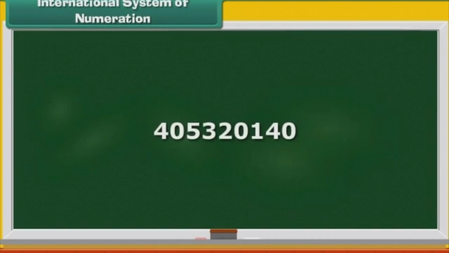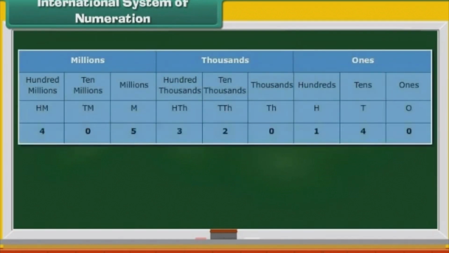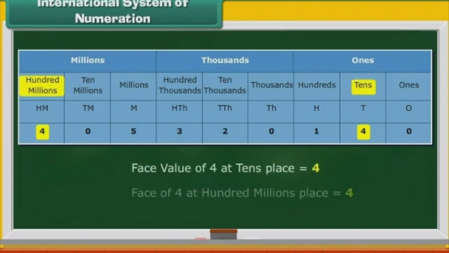Let us now read the numbers with the help of the International Place Value Chart. Consider the number 405320140. First, we arrange it in the place value chart. Digit 4 appears at two places: tens and 100 millions. The face value of digit 4 is 4 at both the places.